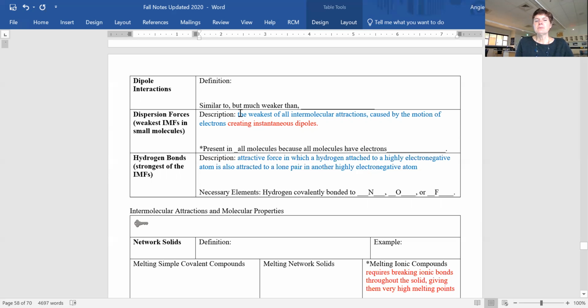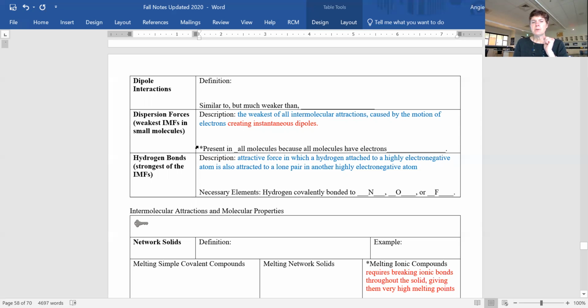For our description, we say it's the weakest of all intermolecular attractions caused by the motion of electrons, creating instantaneous dipoles. So what that means is even in a nonpolar molecule, the electron cloud of a molecule will shift, causing a very slight partial negative, partial positive, based on the shift in that electron cloud.